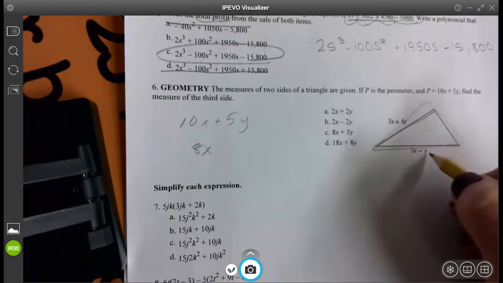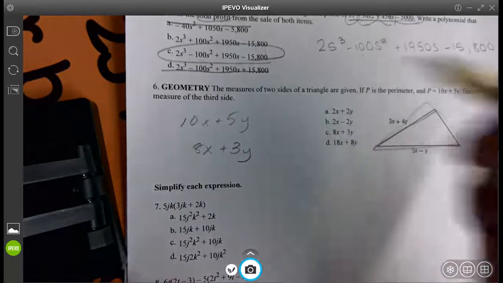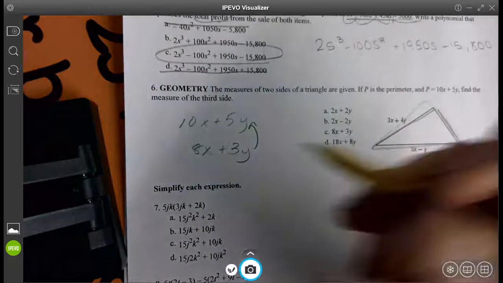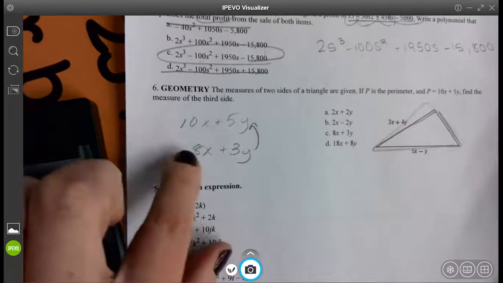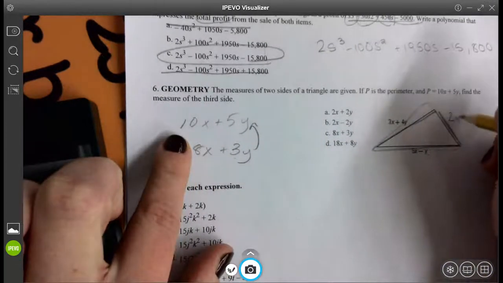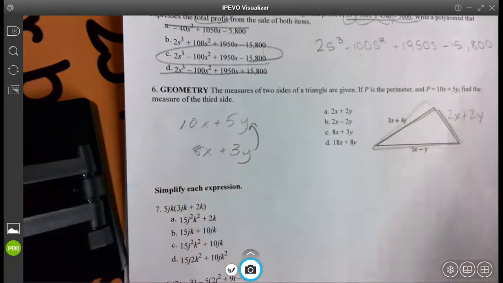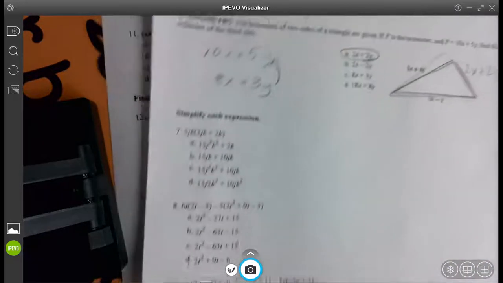And a 4y and a minus y is technically a 3y. So what did that other side have to be for it to get from 8x plus 3y to a 10x plus 5y? Well, I need 2x here, and I need 2y here. Therefore, this is my answer.